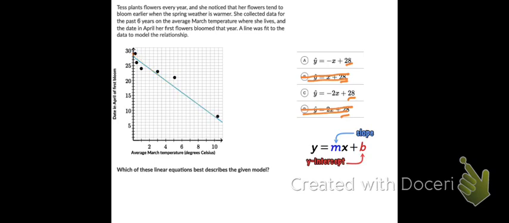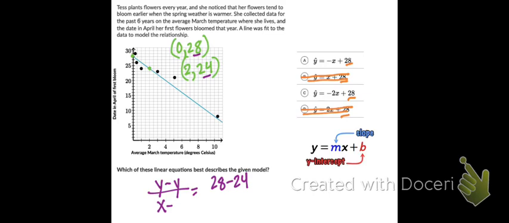Again, to find the slope on these, what you want to do is just pick 2 points. I'm going to pick this one here, which is over 0, up 28. And then I'm going to pick this one here, which is over 2, up 24. Now let's use these 2 points to find the slope. Remember, the numerator is the difference between our y's, so 24 minus 28, or 28 minus 24.